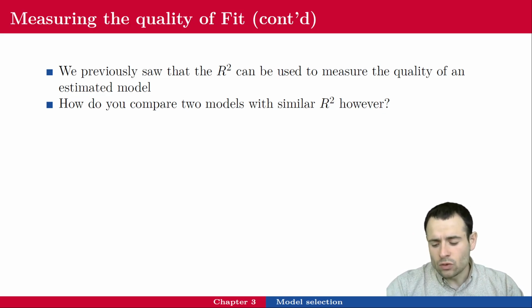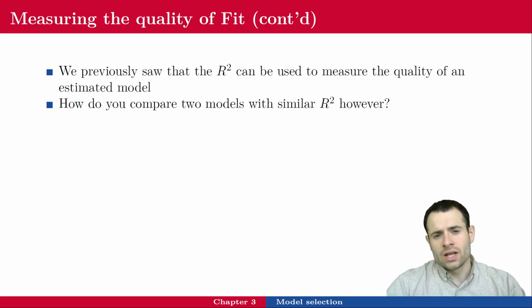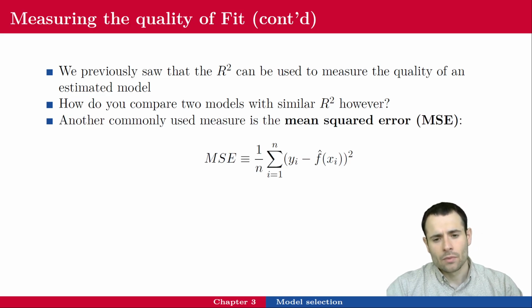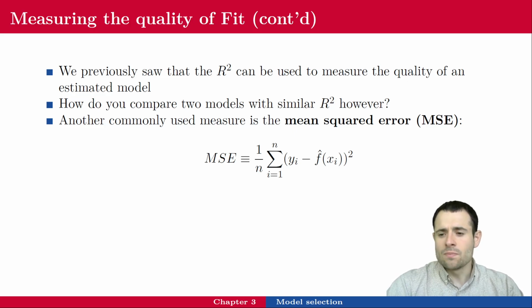Do we need to chase the highest R-squared every time? Not really. Once the R-squared is good enough, we don't really care about improving it at all costs, because remember, we don't want to get to an R-squared of 0.99 or 0.999999. That's overfitting. So another commonly used measure is the mean squared error.